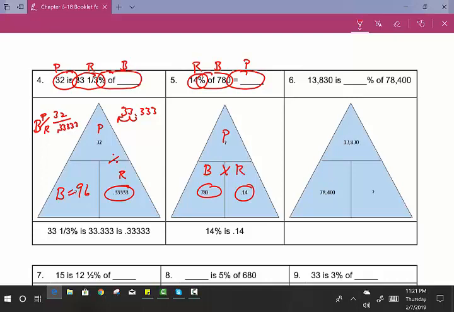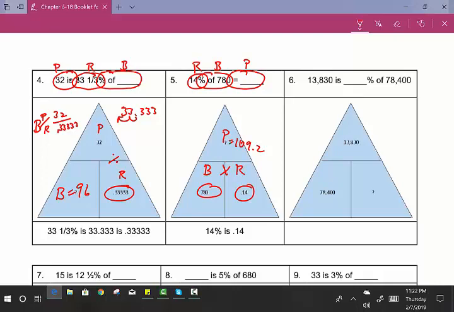And the result of that calculation is 109.2. So 14% of 780 is equal to 109.2.